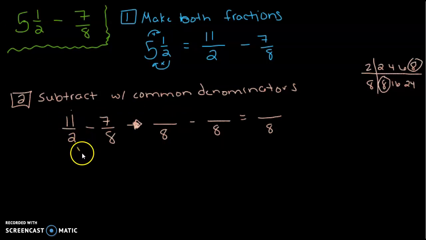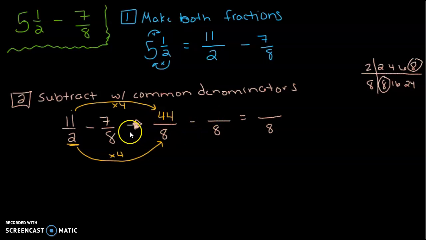So I have to ask myself, how did I get from 2 to 8? What did I multiply by to get there? I multiplied by 4. So if I did that to my denominator, I have to do that to my numerator as well. It's only fair. So 11 times 4 is 44.